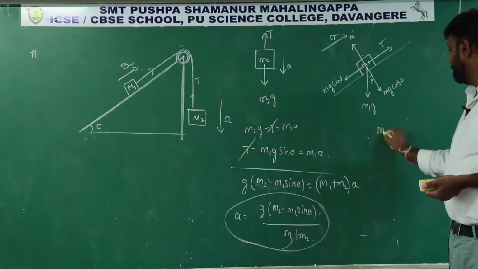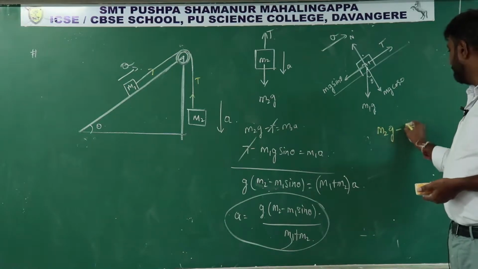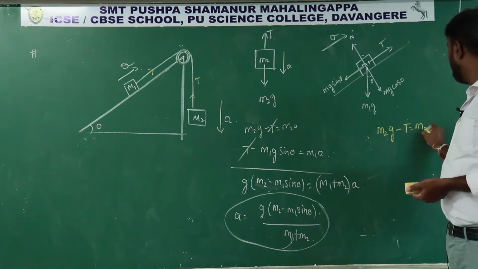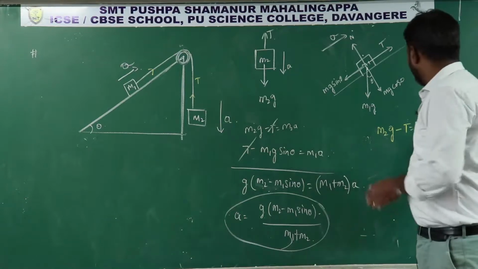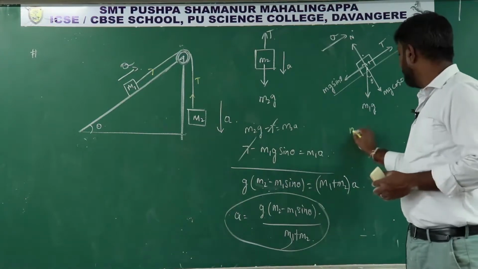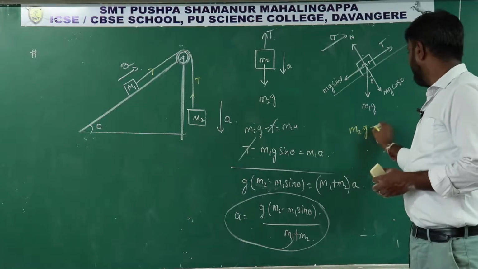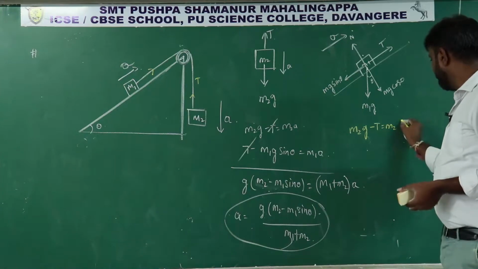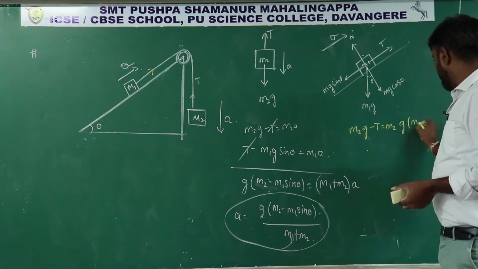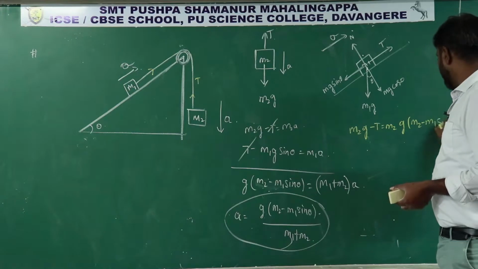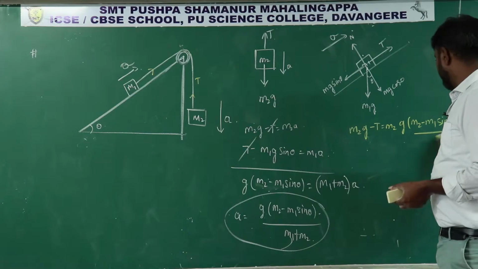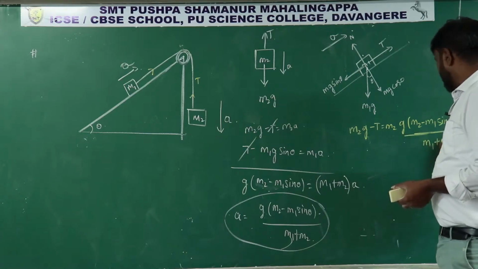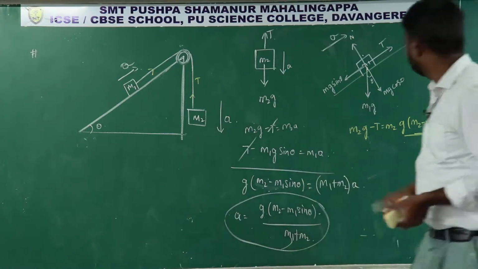So m2g minus T is equal to m2 times the value of a, which is g times m2 minus m1 sin theta divided by m1 plus m2, isn't it?